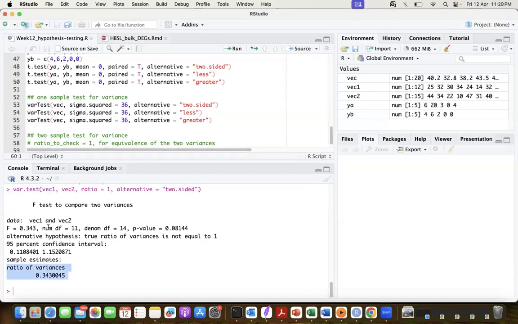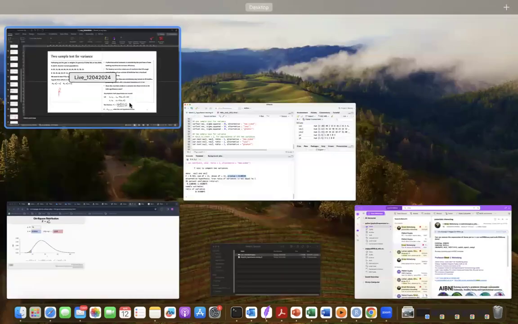And depending on how many degrees of freedom you have and all of that, you get a p-value. Now the p-value is large. So you cannot reject the null hypothesis, right? You have to accept it. Okay, so that's pretty much it.